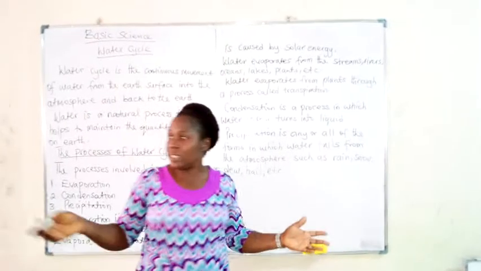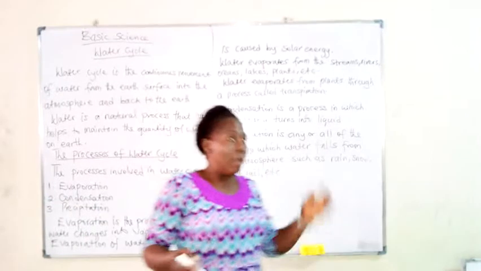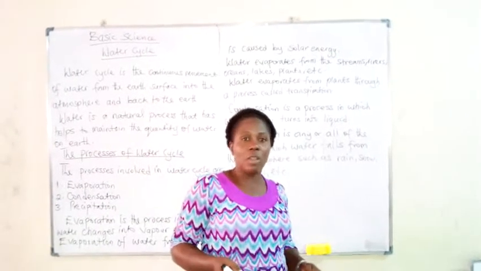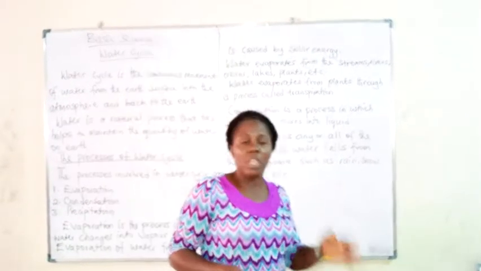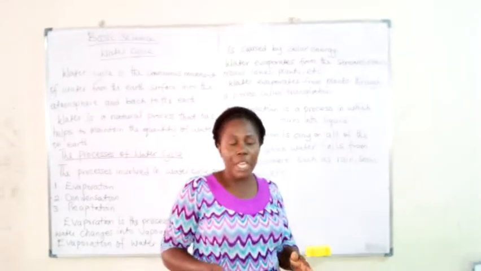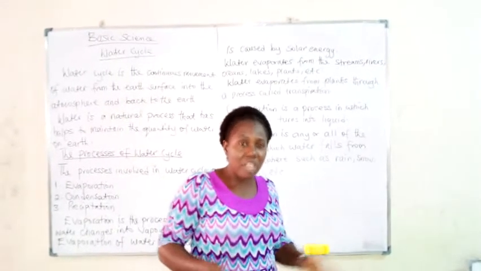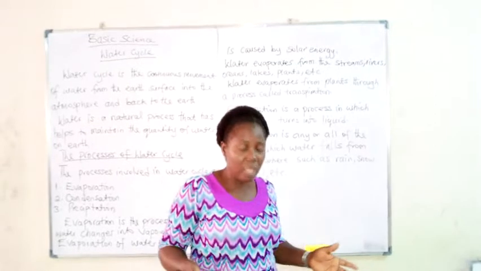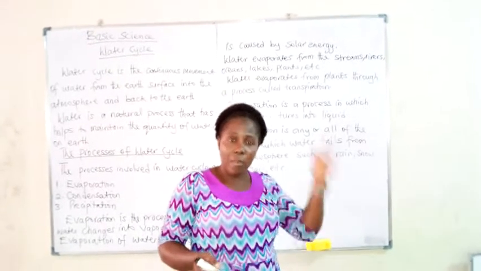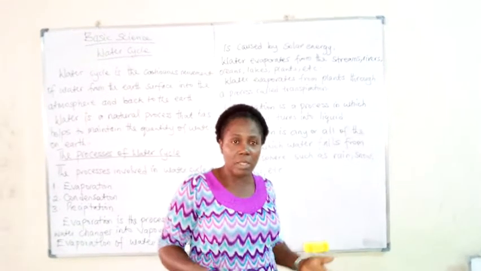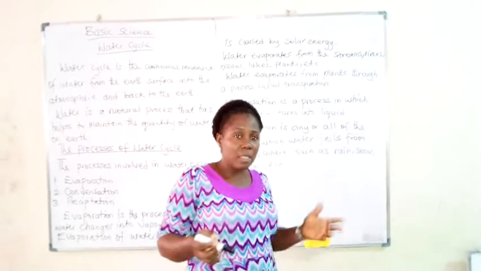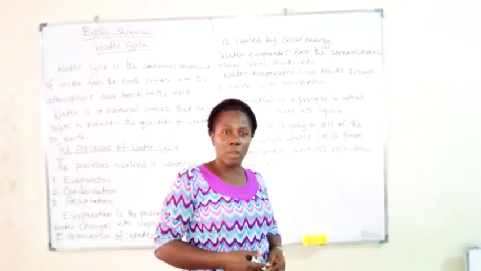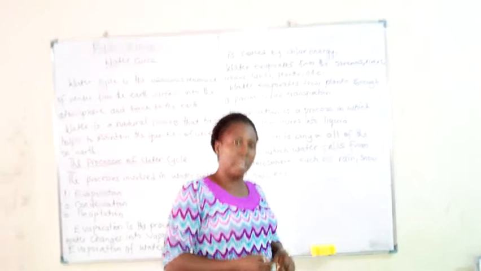No. You may see a stream, you may see a river. In as much as there is heat from the sun, that water we see in the stream, even the one in the lake, is changing to vapor. You may not see the vapor. And the vapor keeps rising up into the atmosphere, which we cannot see. I've told us that it is made by God and controlled by God. It's a natural process. Remember, I've said that.